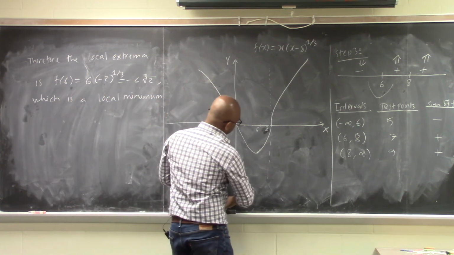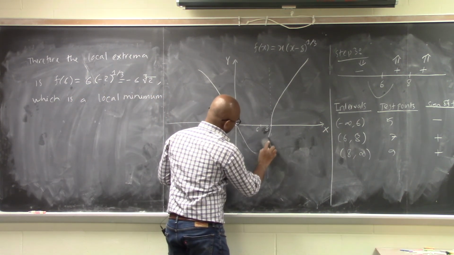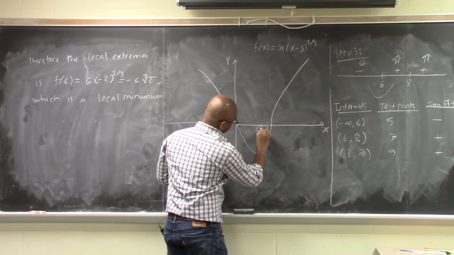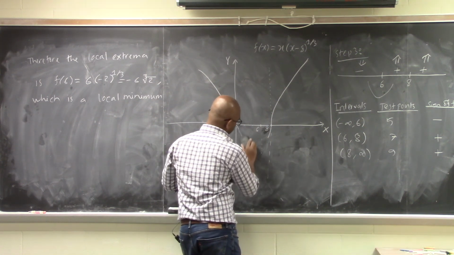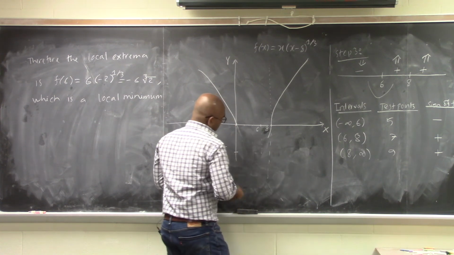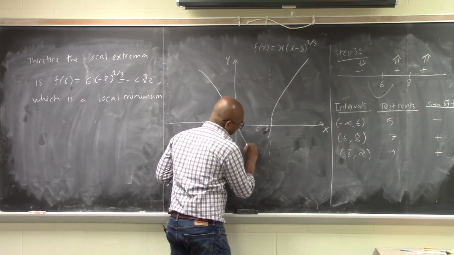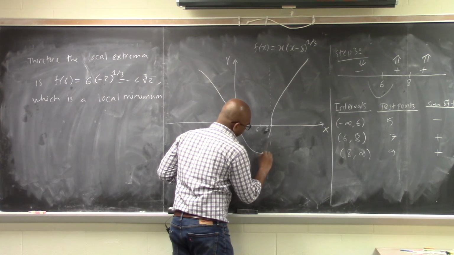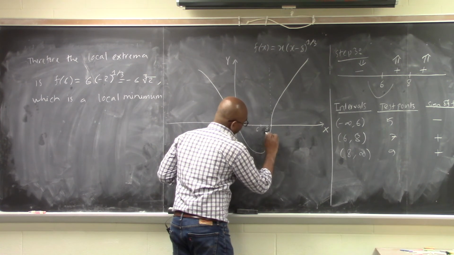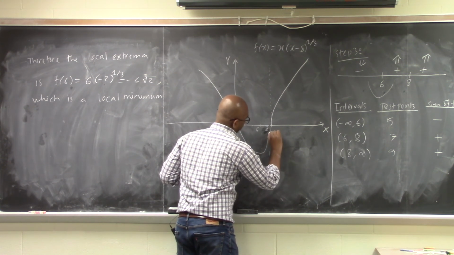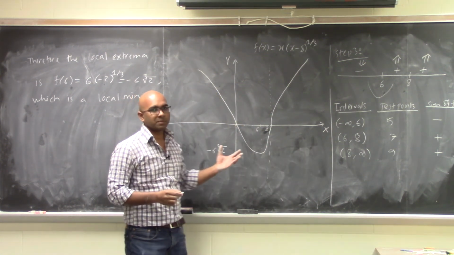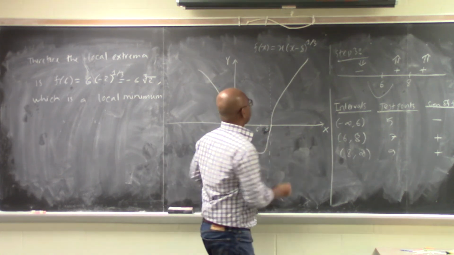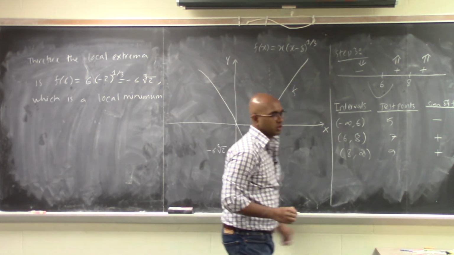Okay, actually, I realized 6 is here. So the graph should be more like this. Like this, almost like that. Okay, so that's a sketch of this function f.